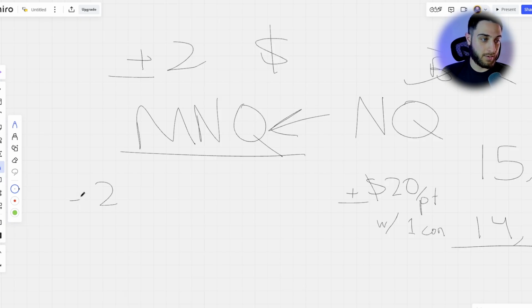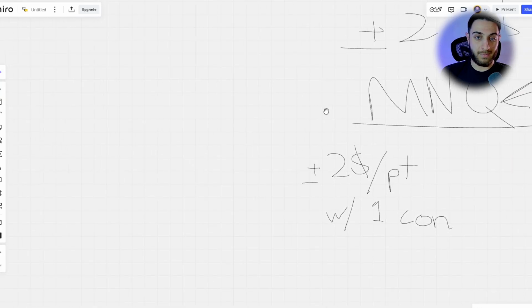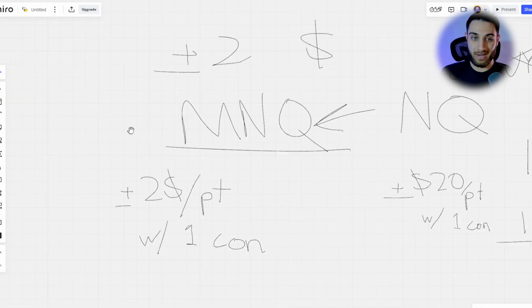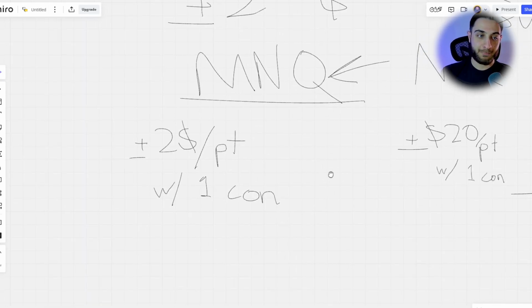Let's just write it out right here. I cannot type for the life of me. Okay, $2 per point with one contract. Now you can see the flexibility you have, where if you don't want to have a crazy amount of leverage, you can have that with the micro NQ.